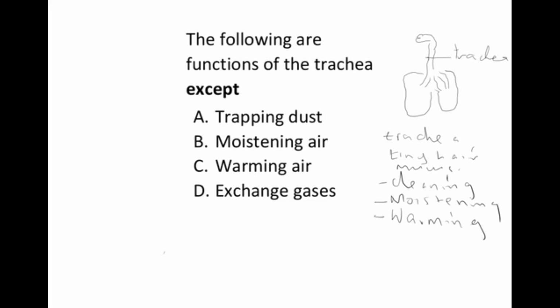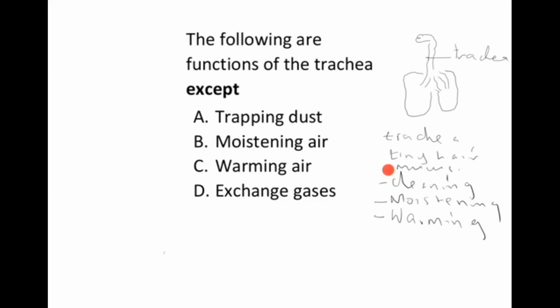So we go back to our choices and see which one does not take place, because the question requires us to highlight the one that does not take place, except trapping the dust, that is cleaning the air that we breathe in. It traps the dust particles. 2, moistening the air.